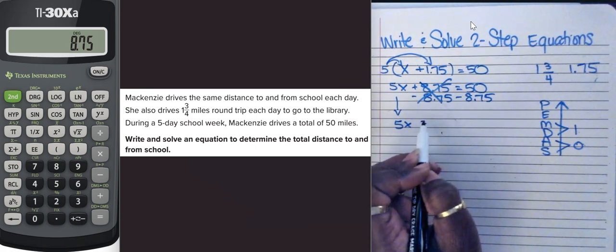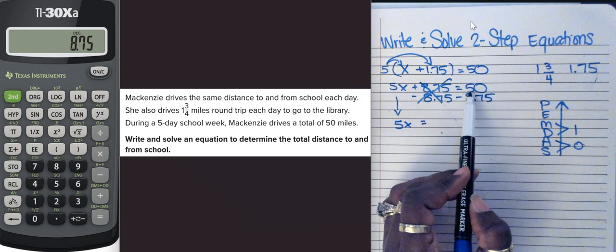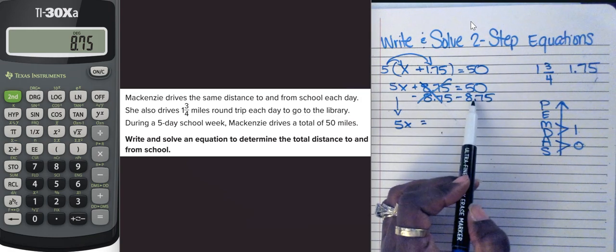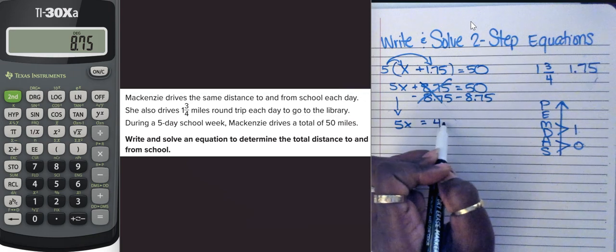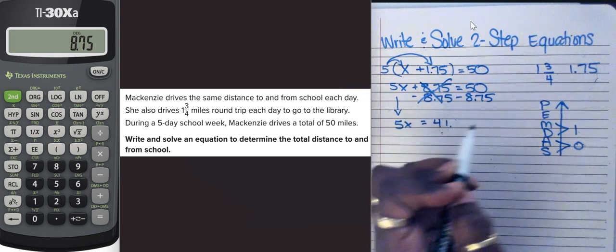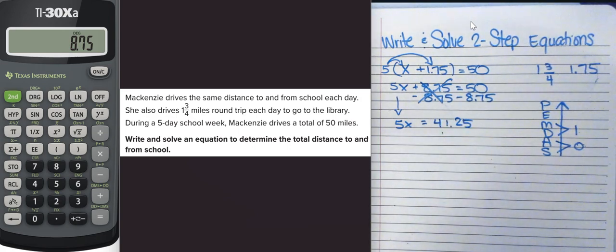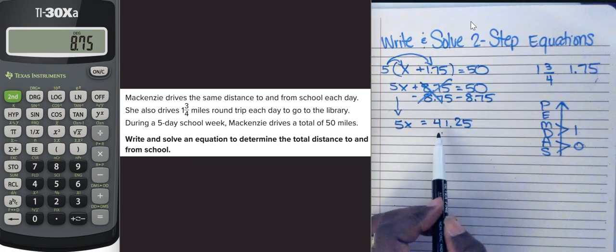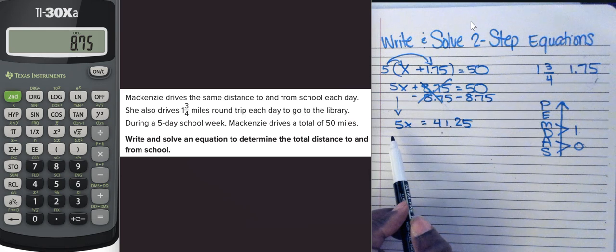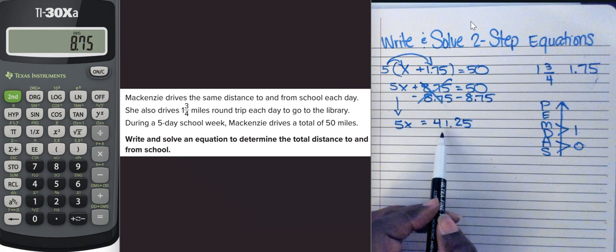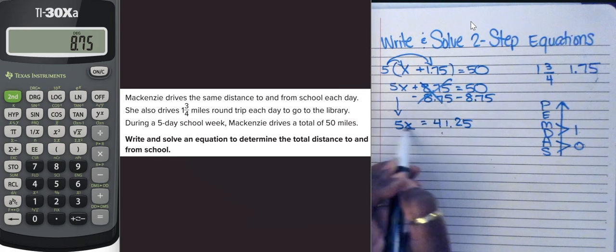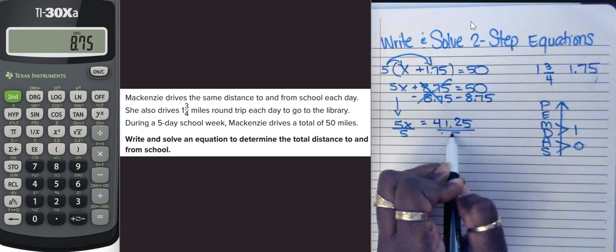And that is going to be equal to, if I took away 9, that would be 41, and then add a quarter, so 41.25. Now we have 5 times x equal to 41.25. I'm going to divide both sides by 5.